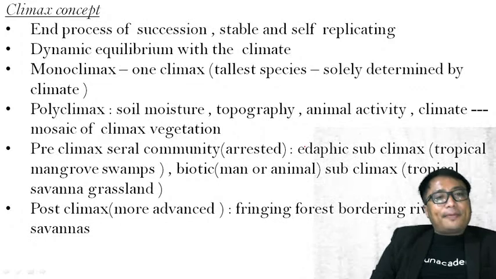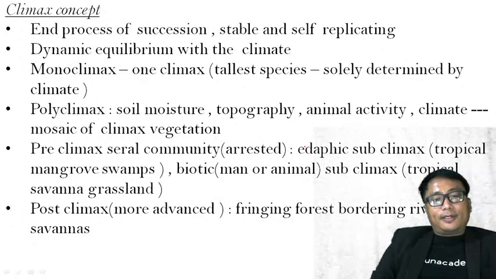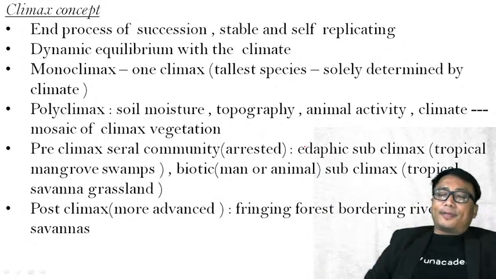After reaching the climax stage, that is the end process of succession, this particular ecological succession will remain stable and self-replicating, which means after this, no more succession will take place.